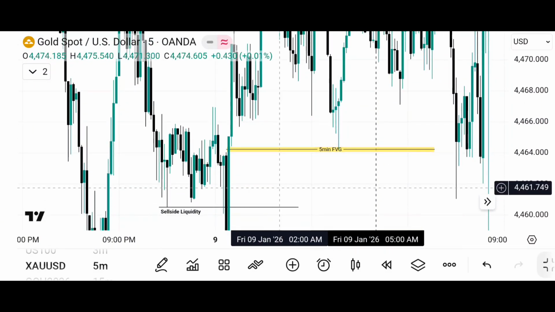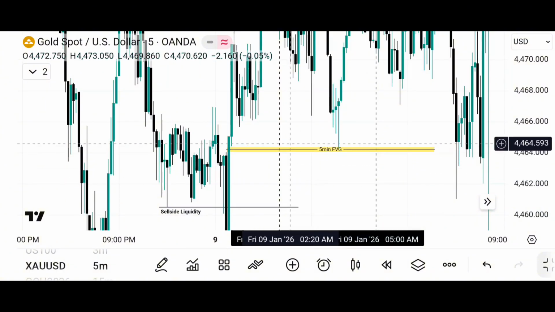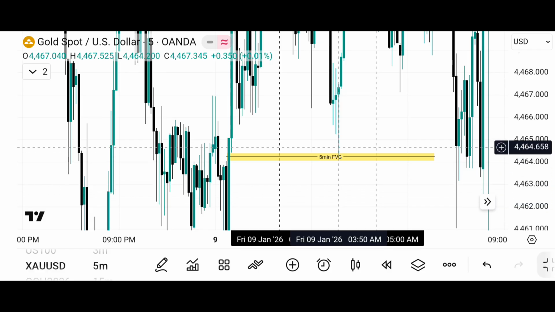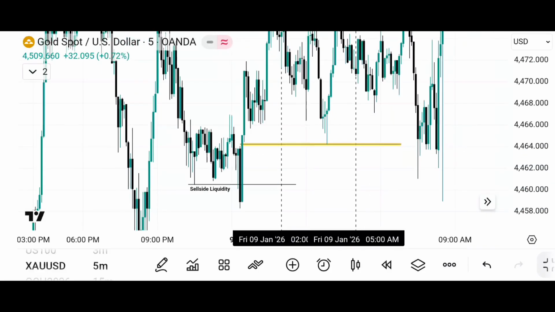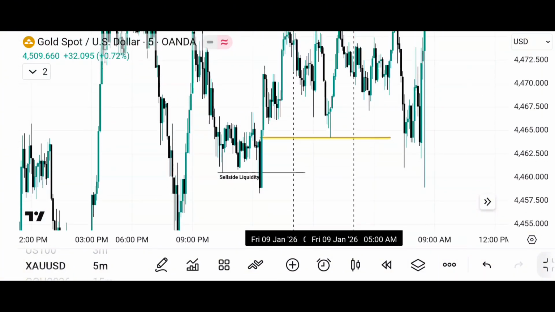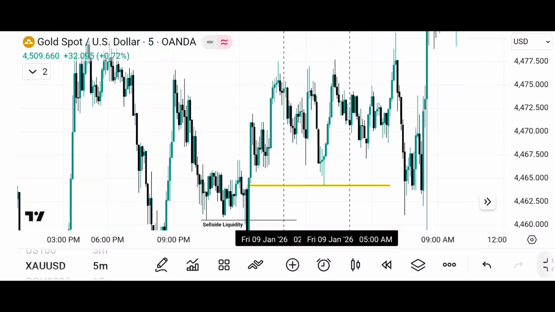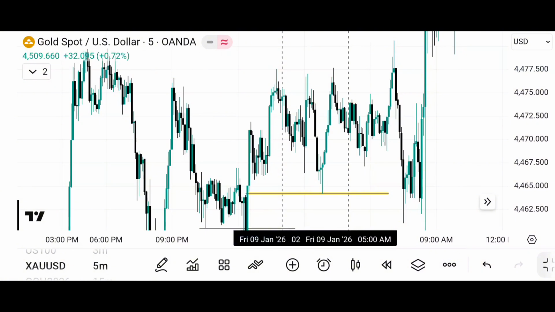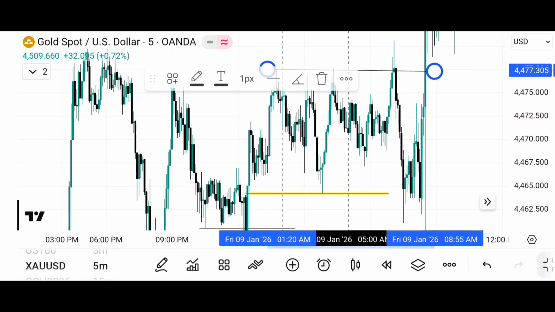So this is 2 a.m. and this is 5 a.m. You see that exactly at 3:50, price traded down into the fair value gap, and it rallied up to take out this high right here. So this right here is buy side liquidity. There's buy side liquidity at that high.